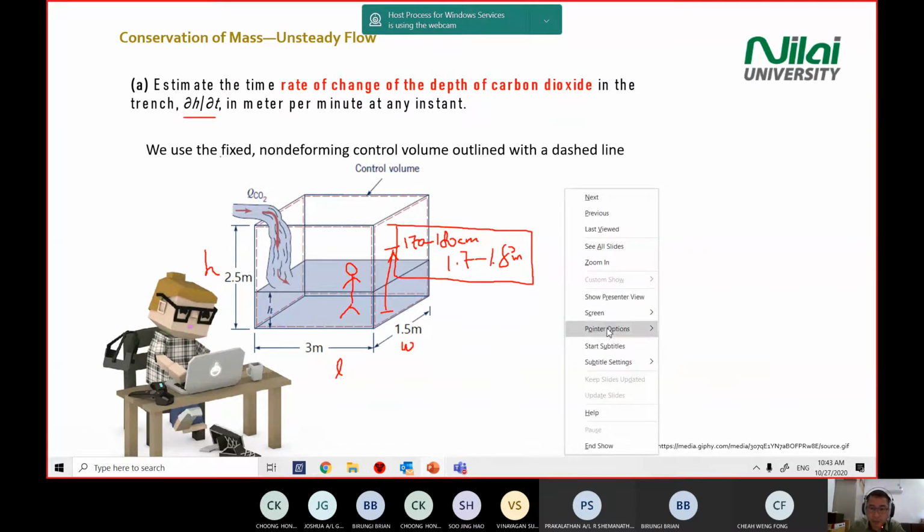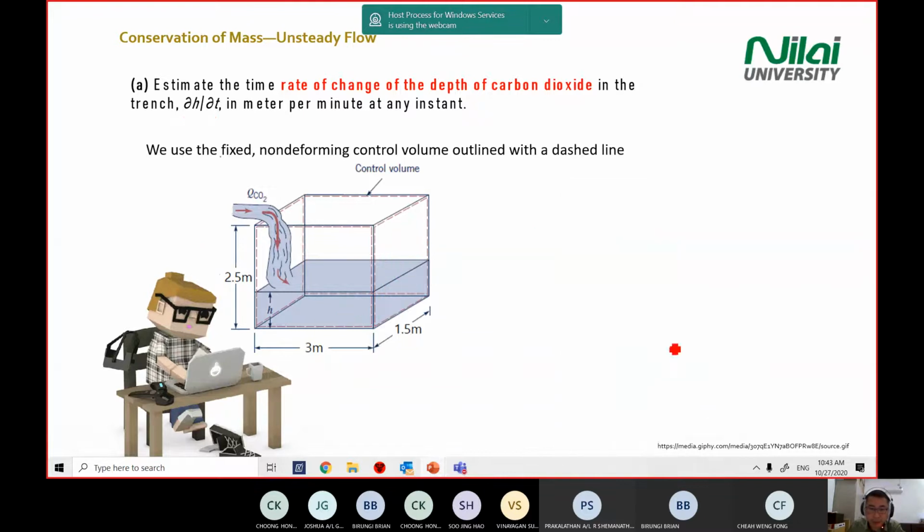I'll give you some time to draft out the diagram before I move on. Because we are in the finite control volumes chapter, FCV, remember to mark your control volume.